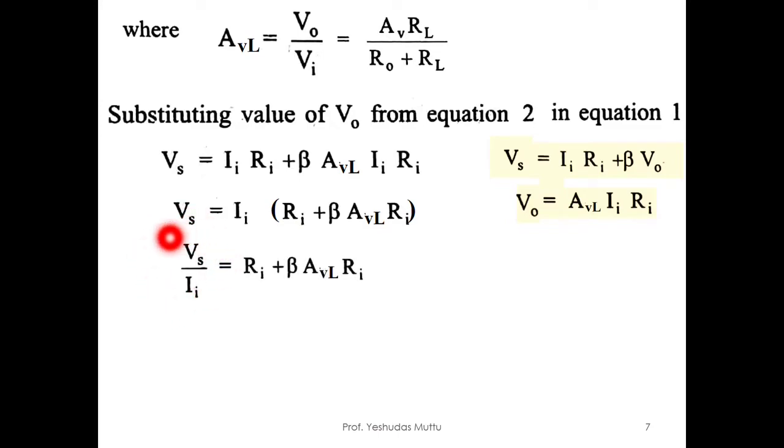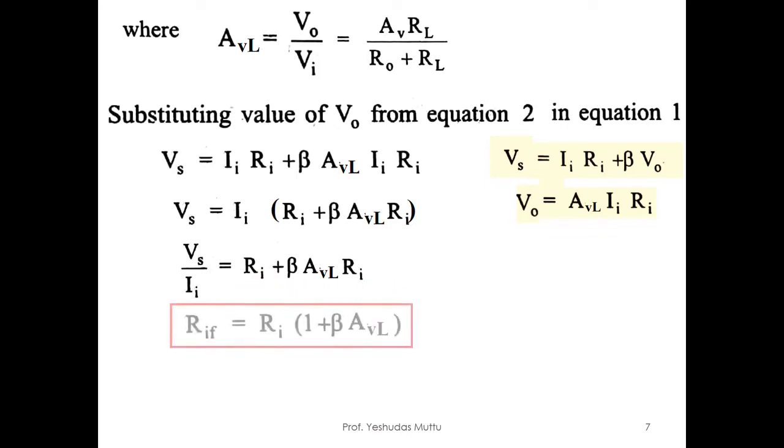So it will be Vs by II. And what is Vs by II? It is nothing but Rif. Here I can take Ri common. So this is my input resistance with feedback, given as input resistance without feedback multiplied by 1 plus beta AVL. Fine.